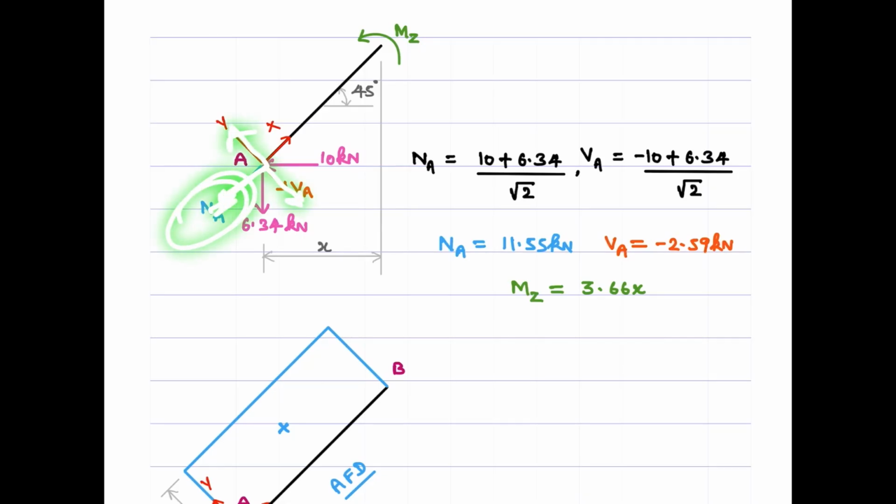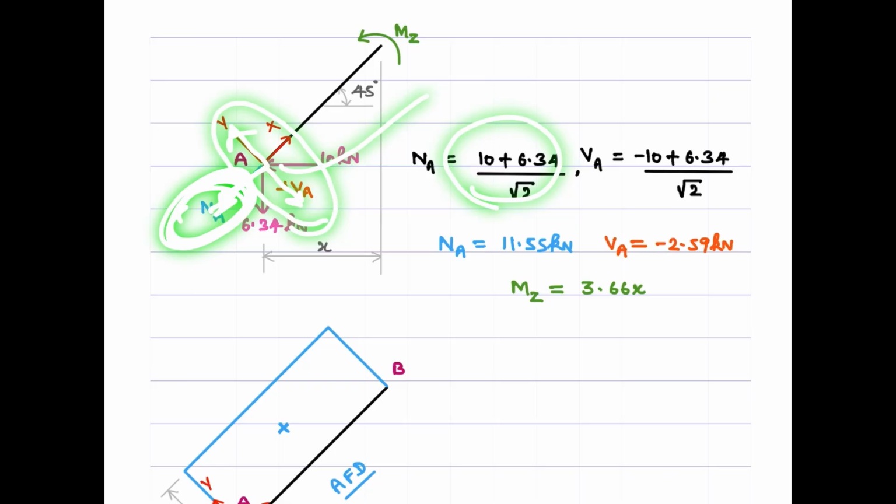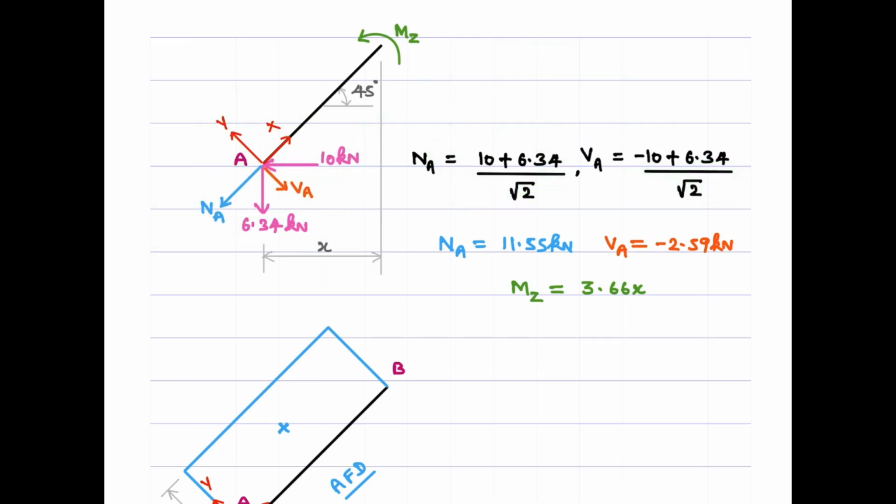So in the direction along the axis of the member, these two get summed up, and in the direction normal to the axis of the member, they are in the opposite directions. Therefore, one will be negative, and other will be positive. So after resolving it, we directly get the values of NA and VA. Something is missing here. Sorry about that. I should have also shown the presence of shear forces at this cut end as well. That should be present.